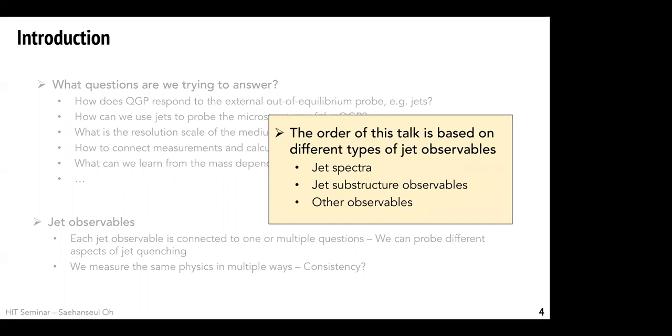But I think organizing my talk observable by observable is more efficient to deliver my message. I will spend the majority of my time on jet spectra and jet substructure observables, but I'll mention a few words on other jet observables at the end of the slides.